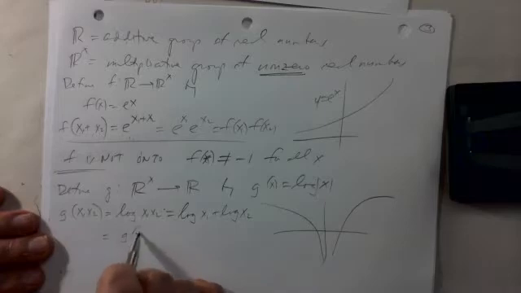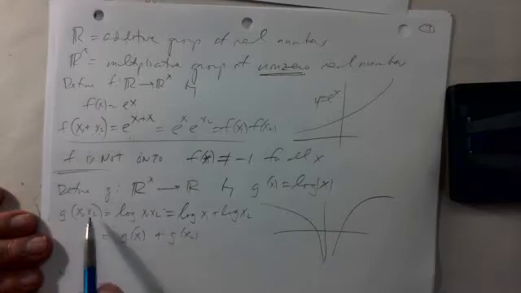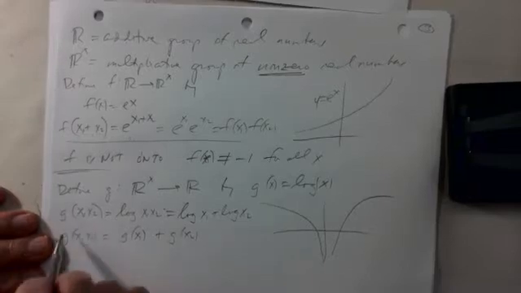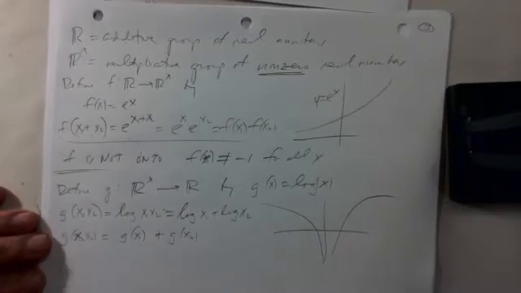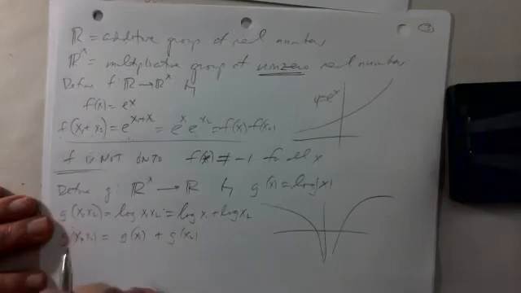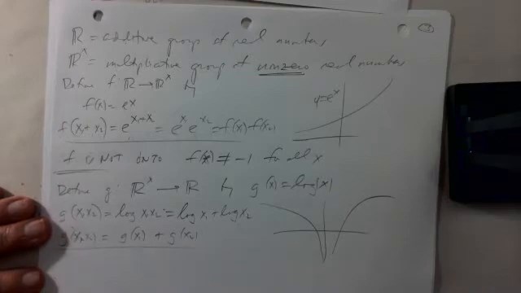So this is g of x1 plus g of x2. So in the additive group of reals, we have exactly the right equation. So this is also a homomorphism.